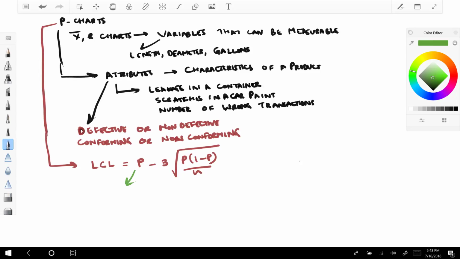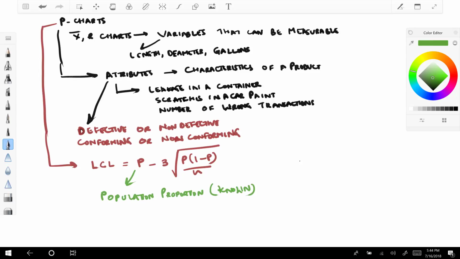We are assuming that the population proportion is known.